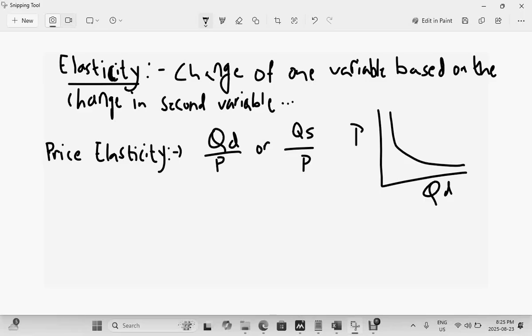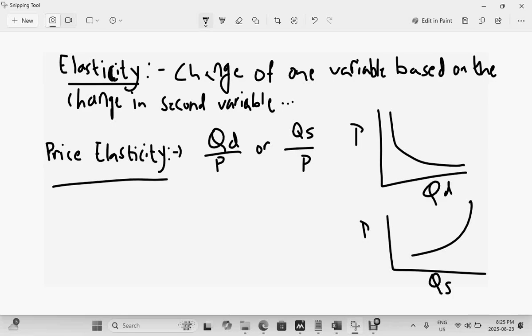This is price elasticity. If you were to draw this on a graph, this will be price over here.